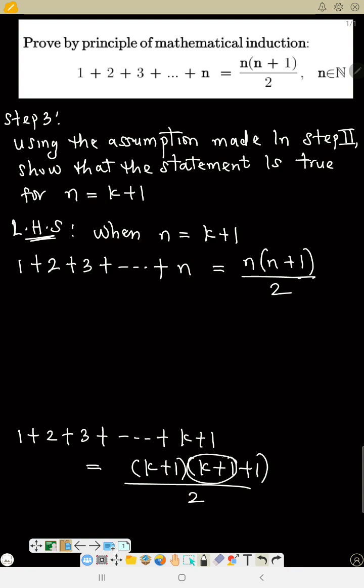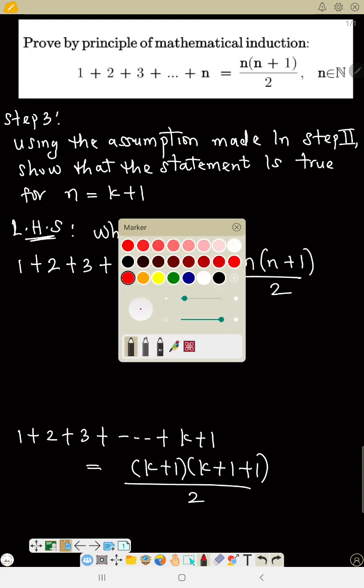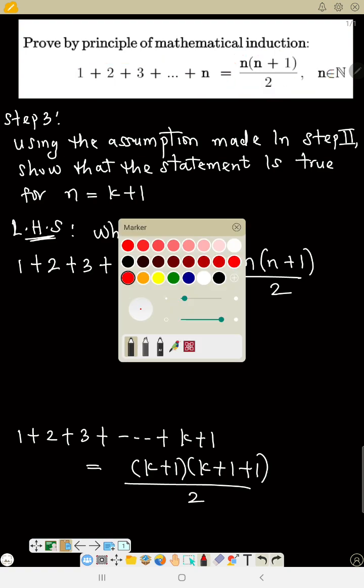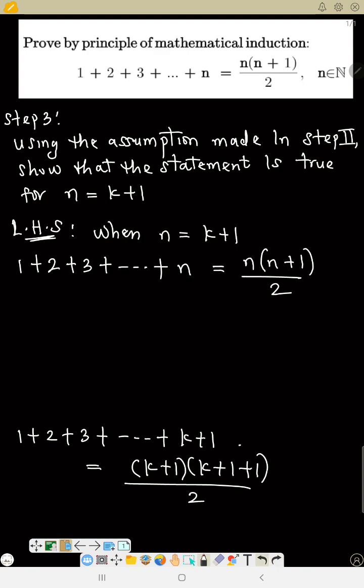Remember, this k plus 1 is n, so I have n plus 1 divided by 2. Now if you look at this result, I have achieved this back: 1 plus 2 plus 3 plus n equals n times n plus 1 over 2. If you have achieved this back, that means the statement is true for n equals k plus 1.